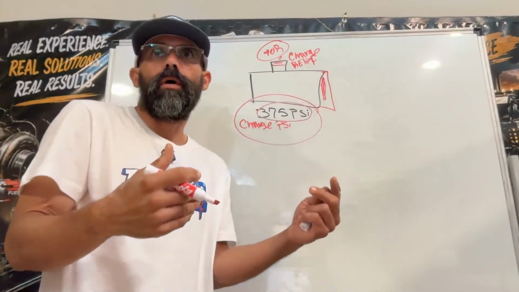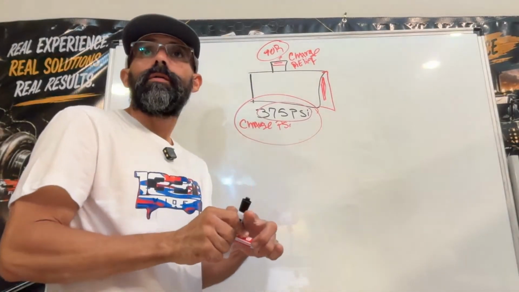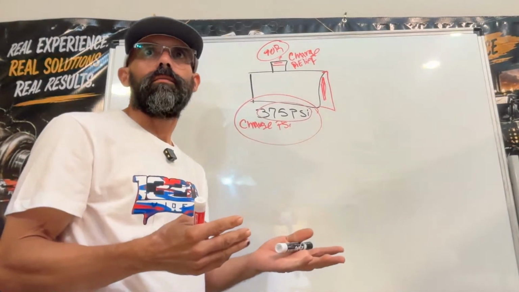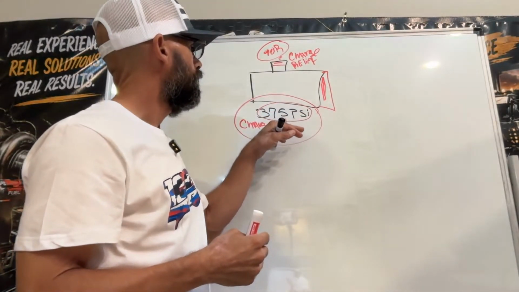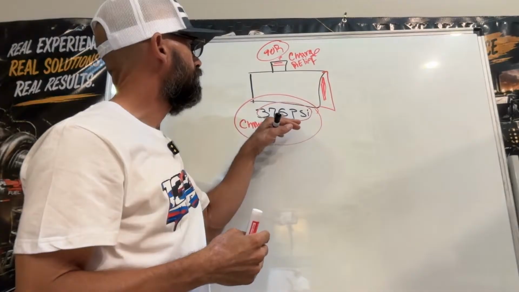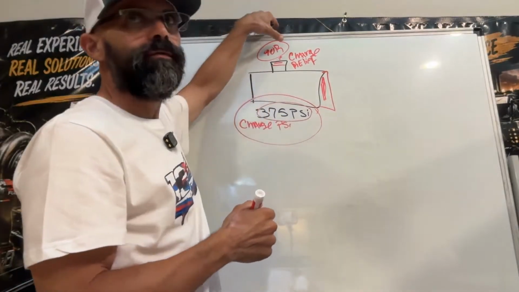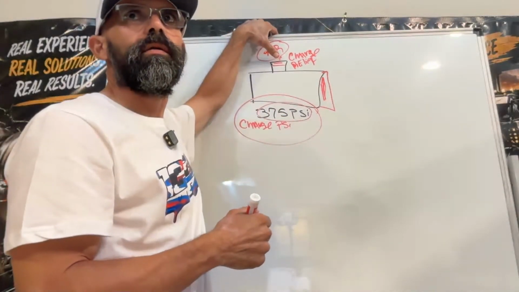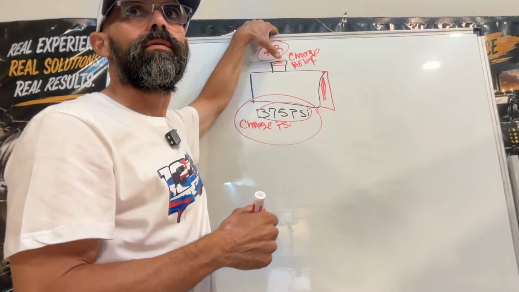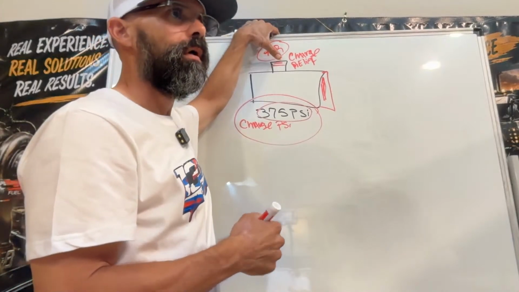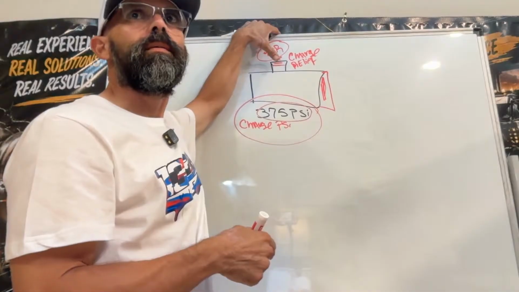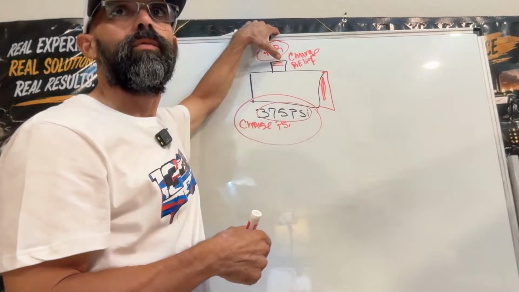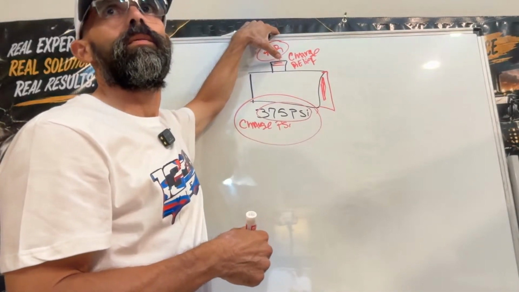Because sometimes, as the equipment works, things wear out. So if you've got to bring back up the 375 and you're getting 350, your gauge inside the operator's console is telling you, oh, I'm just putting out 350, and it's calling for 375, go to the charge pressure relief valve on the pump.